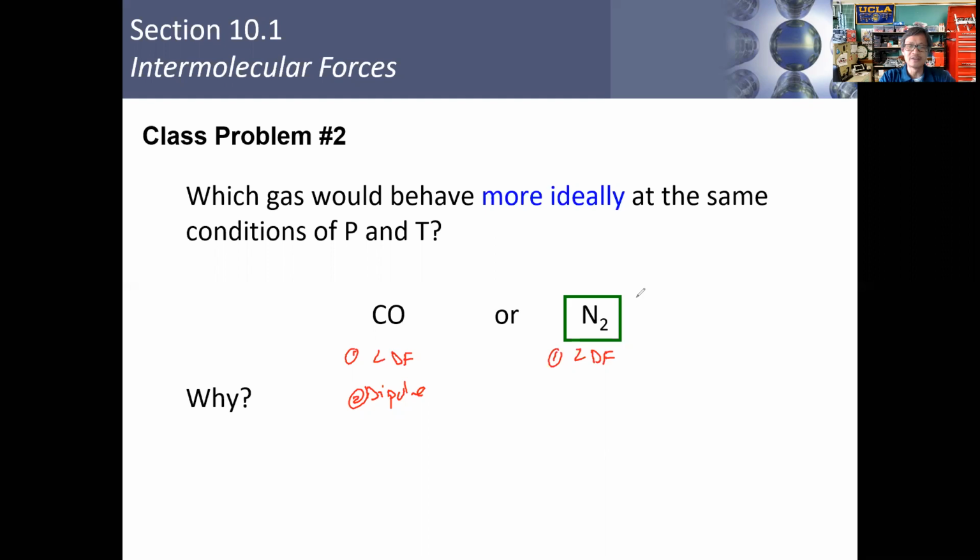The key difference is what's holding the separate molecules together. You have more interactions holding the carbon monoxide together, so it will behave less ideally than the nitrogen. And again, the operative term here is ideal. With an ideal gas, remember, we're assuming that there are no attractions between the particles. The nitrogen comes closest to that because it only has one.